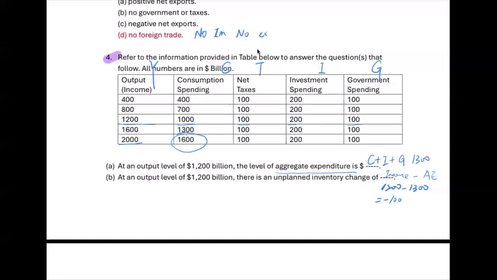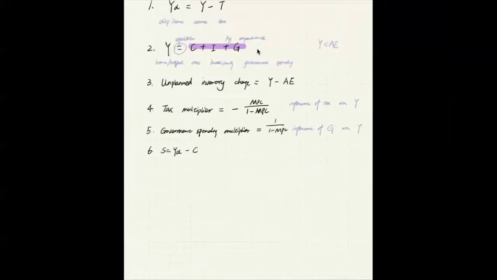So when we answer question A, at an output level of 1,200 billion, we just look at this row, right? 1,200 billion, and the level of the aggregate expenditure is what? Remember, what's the definition of aggregate expenditure?